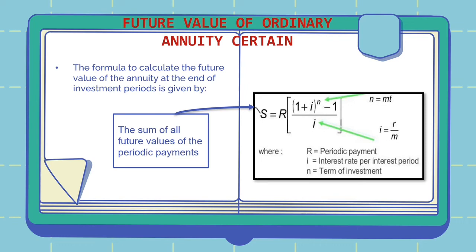I is the interest rate per interest period, while N is the term of investment.